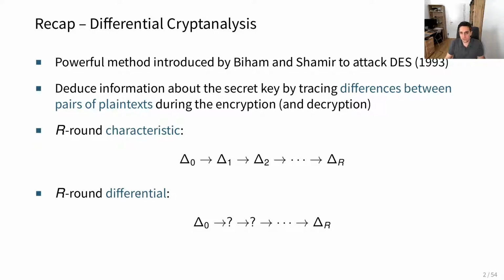But for an R-round differential, we don't care about the middle rounds, all we care about is the input difference, delta 0 in that case, and the output difference. That's the difference between a characteristic and a differential, and this will also matter later when we talk about truncated characteristics or truncated differentials. We will then also see why truncated variants can be better in some cases. So this is the very general idea about differential cryptanalysis. You should have already heard about it in last week's lecture.